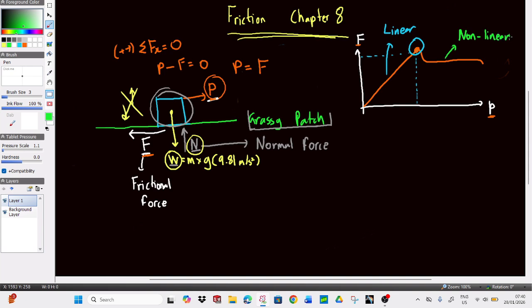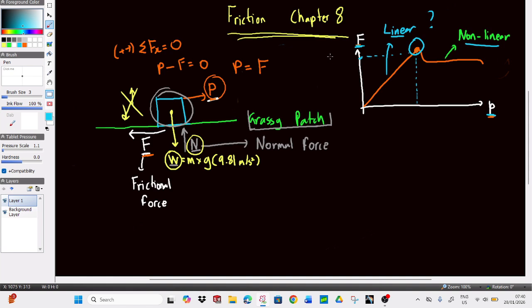So what is going on actually? Why is it that when P reaches a certain point, F also reaches a maximum, and it's the end of the linear characteristic before it transitions to non-linear? Well, as P reaches a certain point, the static frictional force reaches what we call F max.